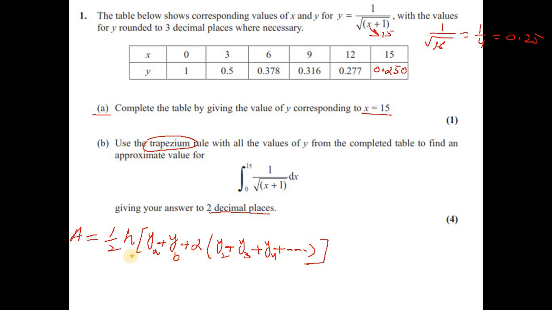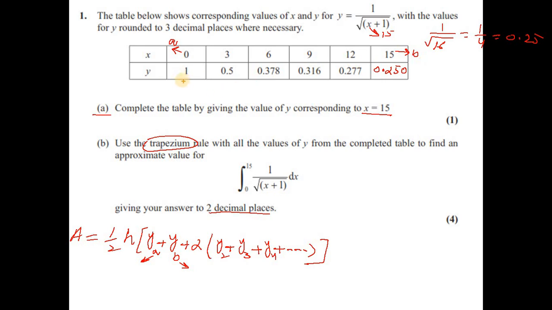This is the formula, where ya and yb are the values of y at the lowest value of x and the upper value of x. So here this is your a and this is your b.